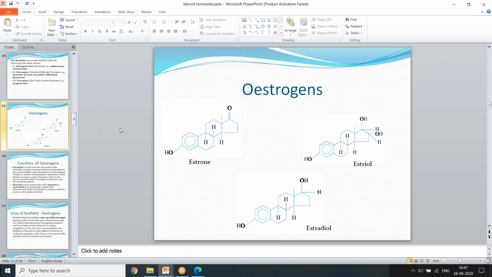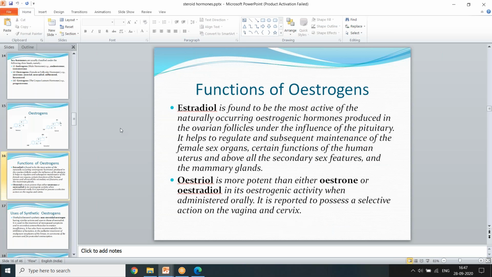Like I told you, these estrogens are female sex hormones, and they help in developing the mammary glands and secondary sexual features of the female. All of them have to be present in the right concentration.